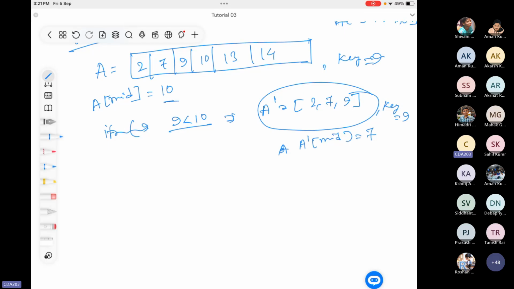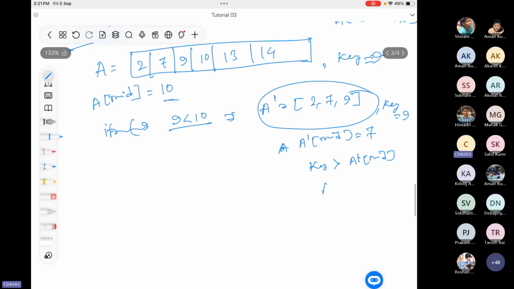Your key is greater than the array mid, right? So now your array will become this one. You look at this subproblem, your key is 9 and there is only one element 9, so 9 is present.